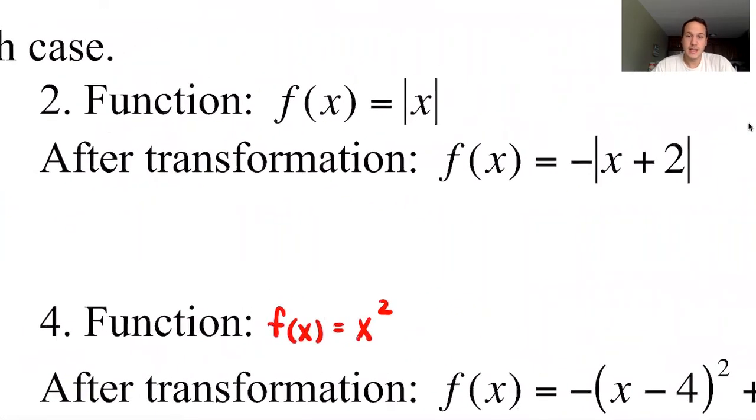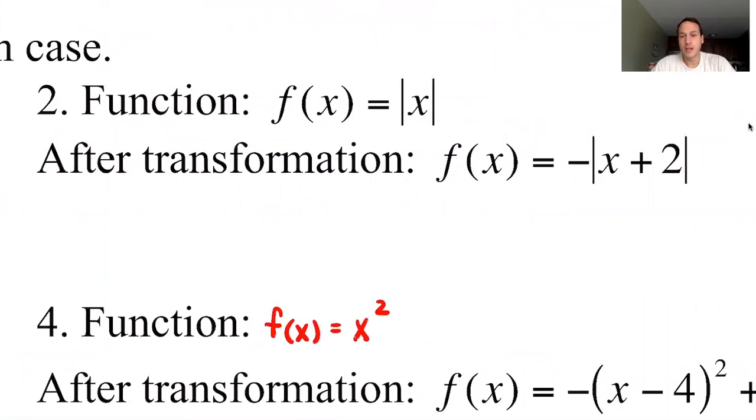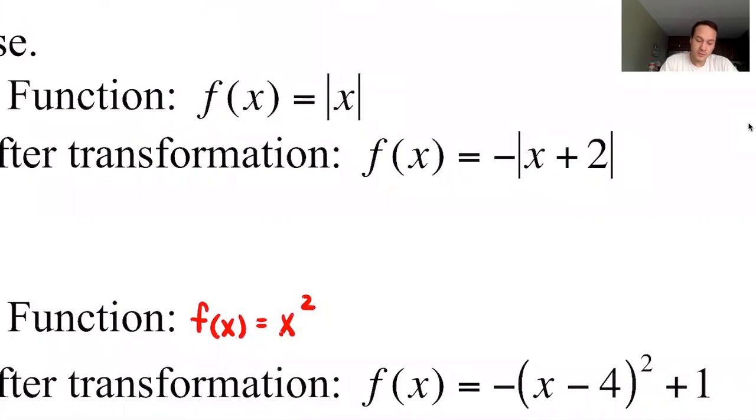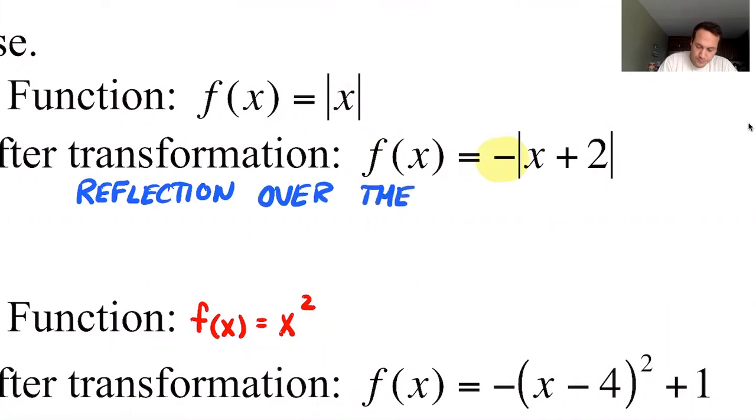In this next one, if I take the absolute value of x, it now becomes the negative absolute value of x plus 2. Well, I've got multiple transformations here. The first one happens right there. That is a reflection over the x-axis. Okay, I have another transformation over here though.